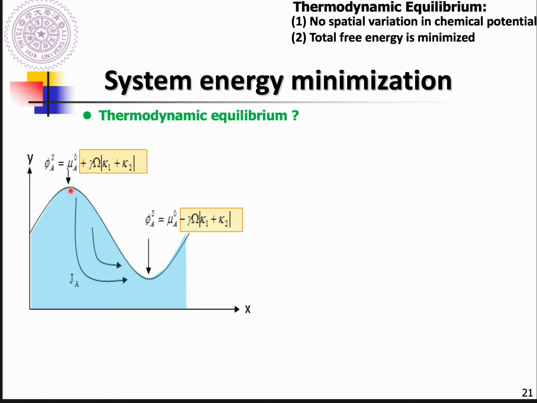So here we got the surface potential of atom A at the convex region. If there's an atom at the concave region, the surface potential can be expressed like this, where mu A0 is the chemical potential of atom A on the flat surface. This is a plus extra term, and here is a minus extra term, and the term is the same as this one.